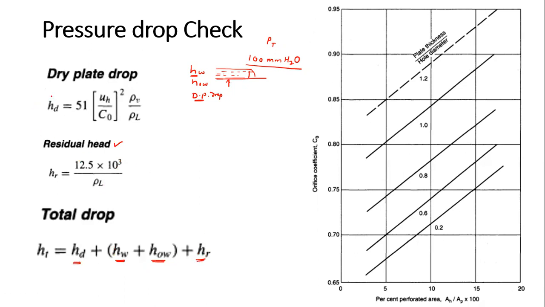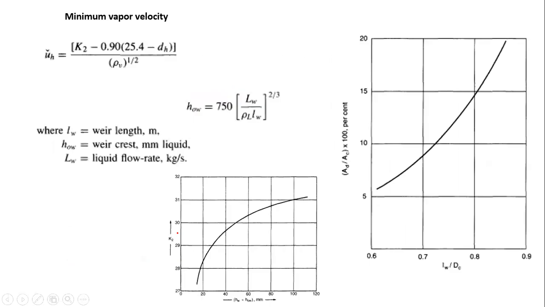Let's start with HW and HOW, which we found out last time. This was a function of weir length, liquid flow rate and density of liquid, which you have seen last time.